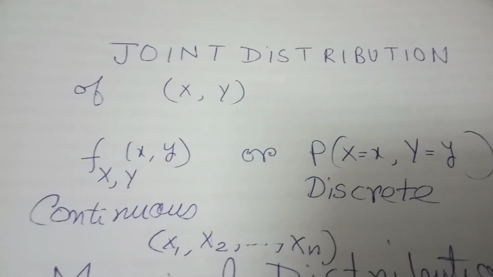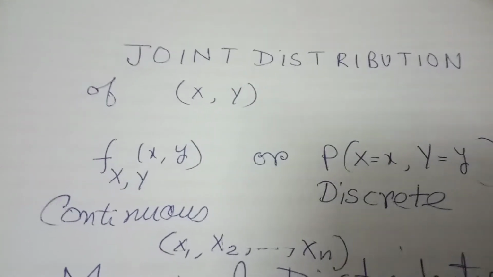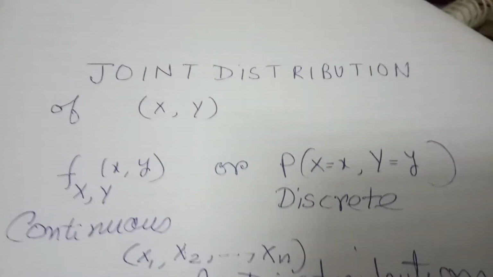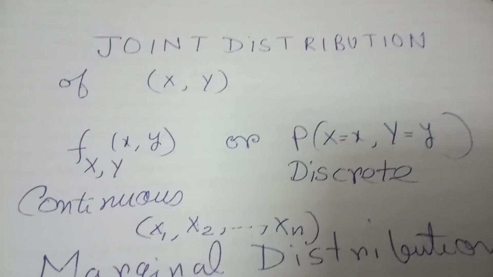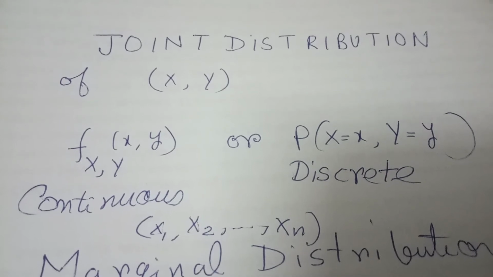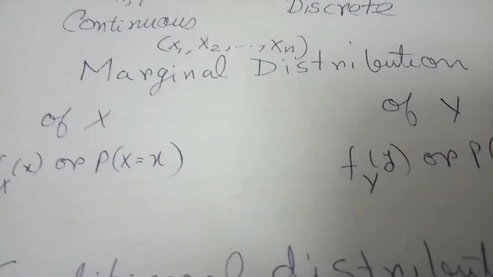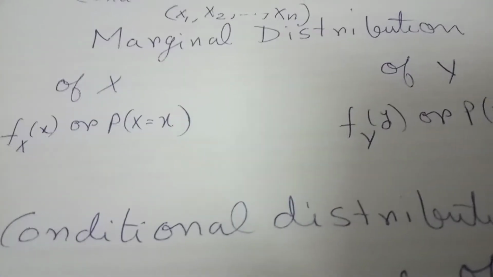finitely many random variables. So if I want to know the probability distribution of X, or the probability distribution of Y, then they are referred to as the individual probability distributions. They are called the marginal probability distributions.